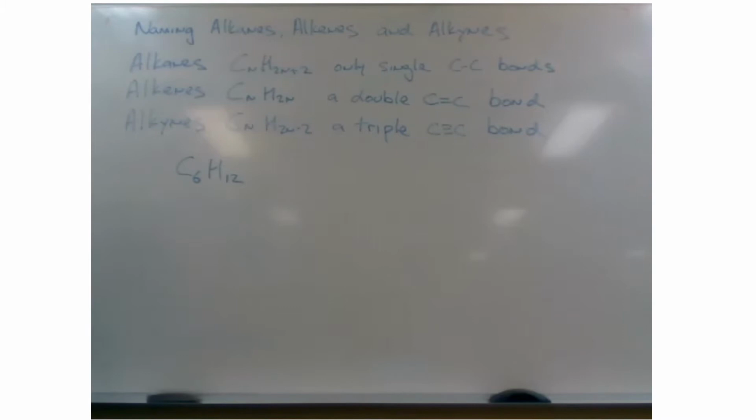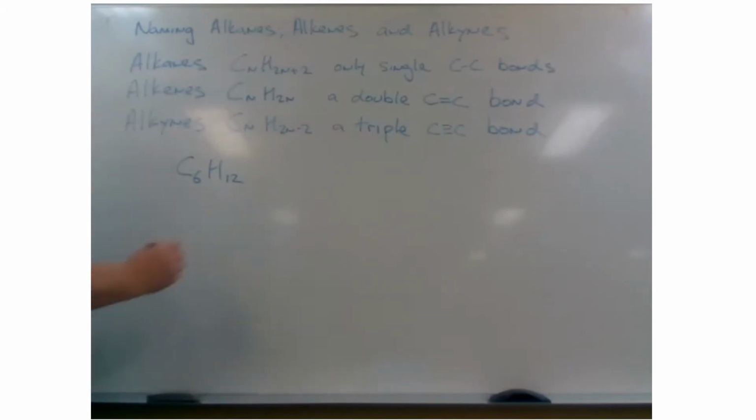Now before we begin, we can have a quick look at our 3 general formulas, and we can actually predict which class of compound this hydrocarbon is going to belong to. C6, double that, we get 12, and we can see straight away it's going to be an alkene.